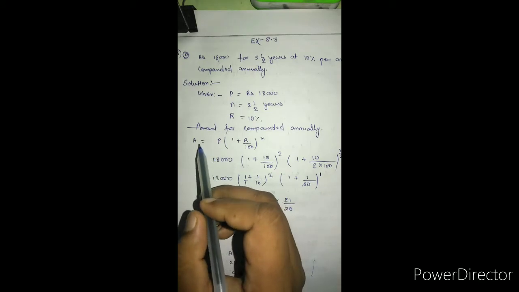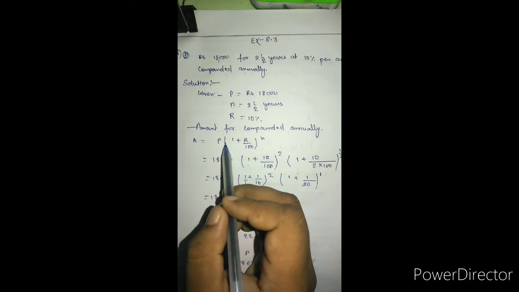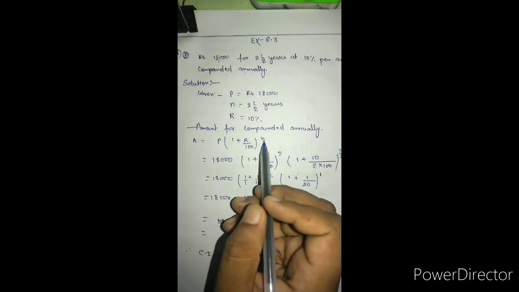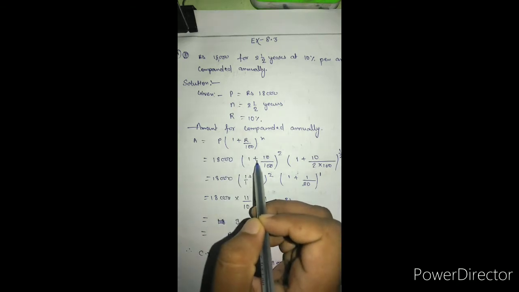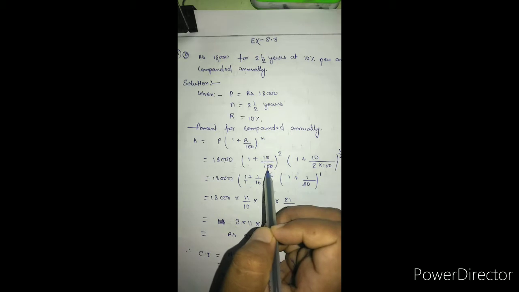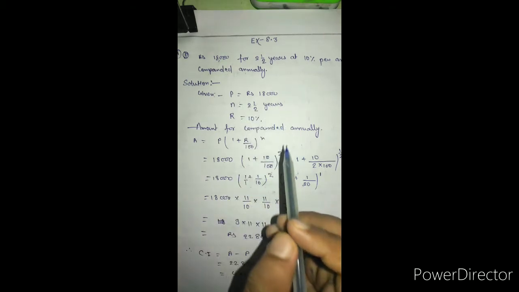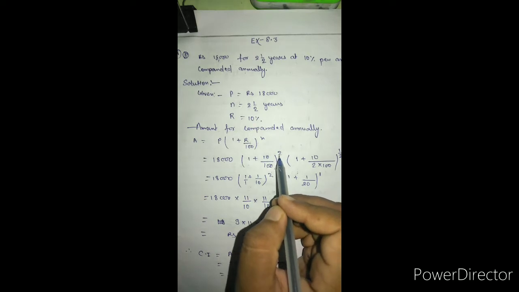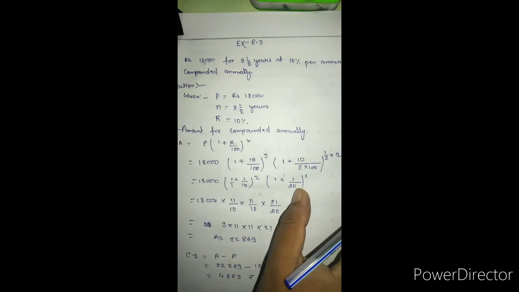Now look at the formula. The formula of amount is equal to P into 1 plus R by 100 to the power N. So P here is 18,000, 1 plus R by 100, where R is 10, so 10 by 100, and the time is given here as 2.5 years. So first we will write 2, and then we will calculate it for the half year.